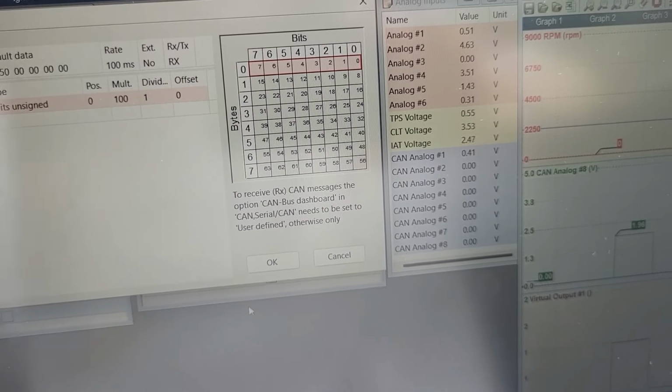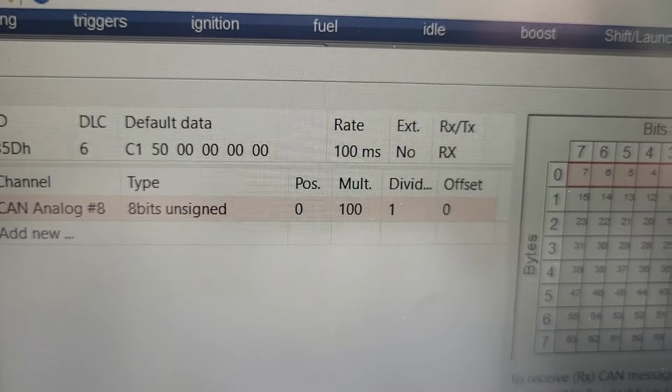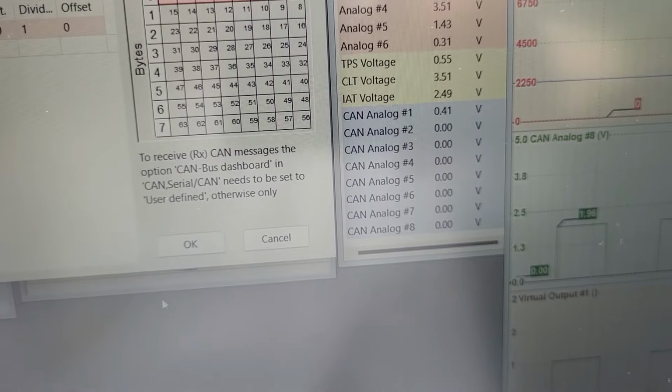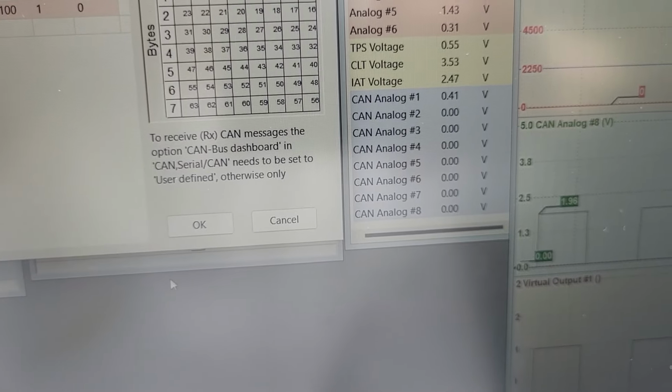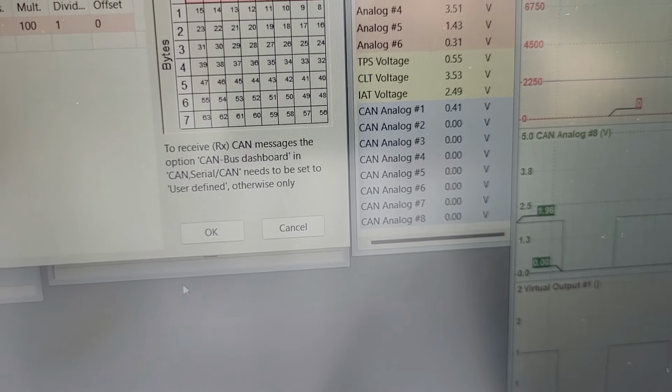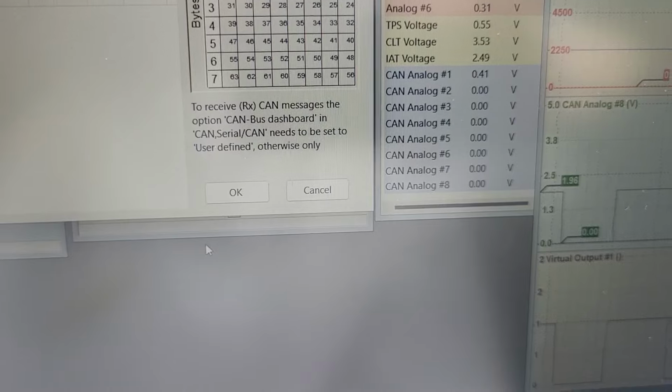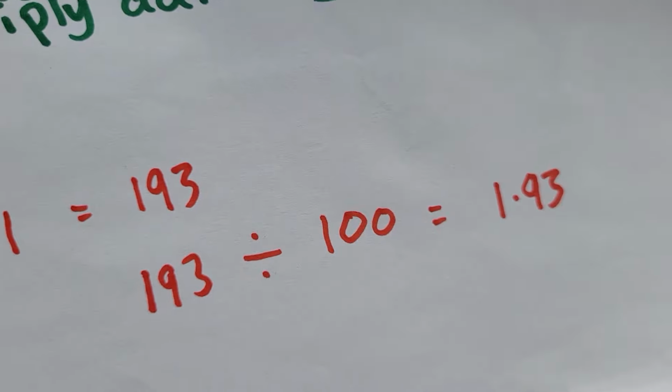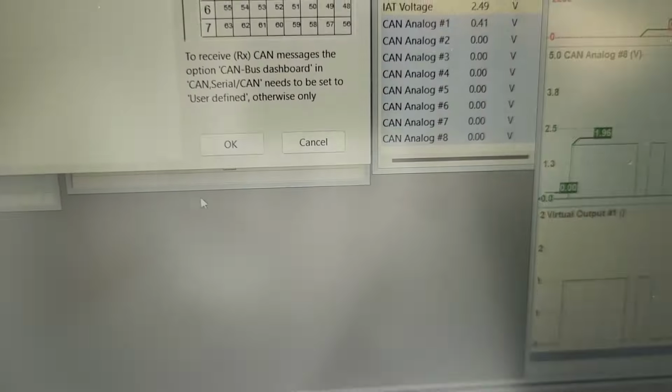Last night, before I'd actually got my head around it, I just juggled different numbers in multiplier and divider, and this was the best set of states which I could get: 0 when it's off or a decent positive value when it was on. Had it come through as 193 or 1.93, that would have been amazing.